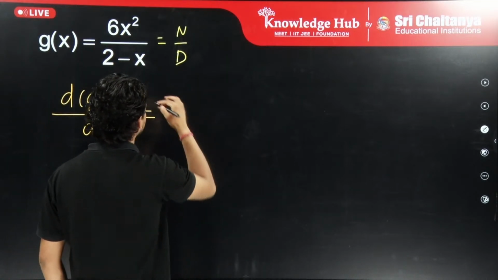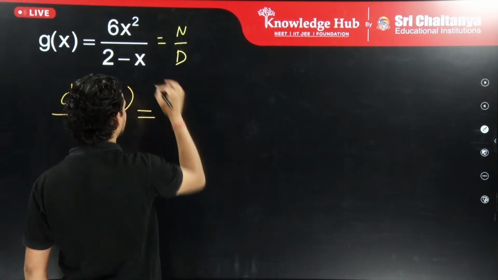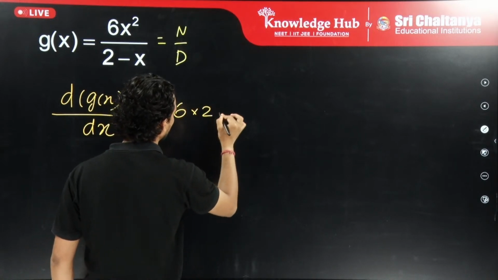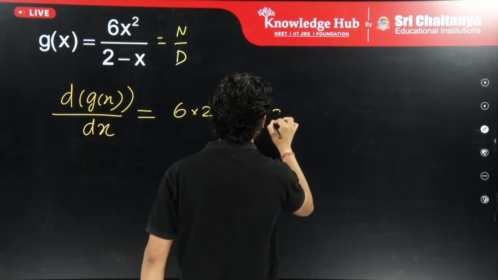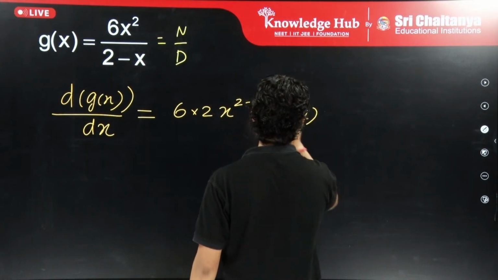So I'll get 6x square, that is, the 2 will come forward, I'll get 6 into 2 into x raised to 2 minus 1, and keep the doctor, or the denominator, as it is, minus.